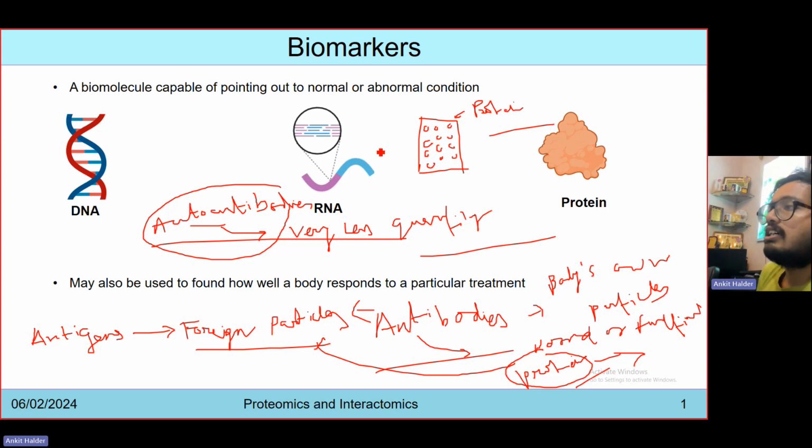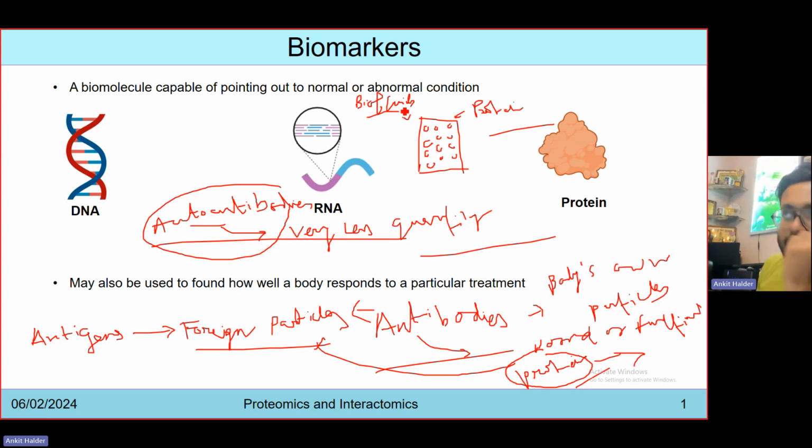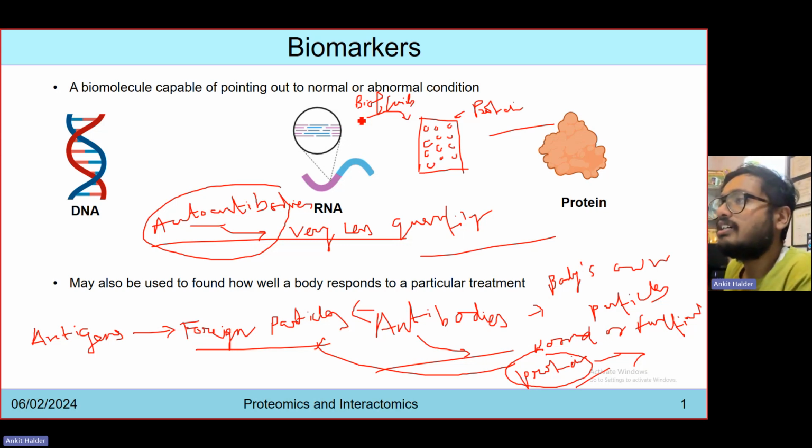Now if we flow a biospecimen or biofluid over it, where do our antibodies circulate? Antibodies circulate in serum, right?